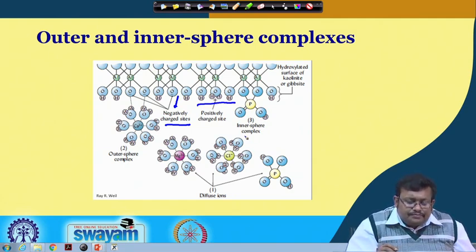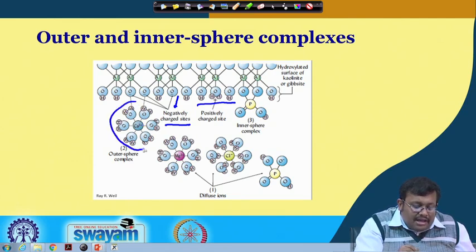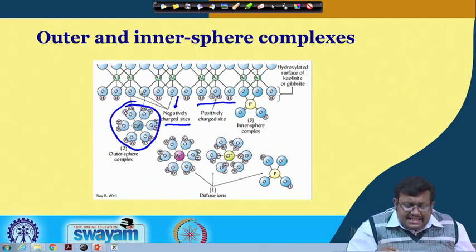The negatively charged sites attract different cations, and this is an outer sphere complex, a calcium ion surrounded by water molecules getting attached here. Also, this is an example of inner sphere complex, where this H2PO4 is getting attached directly to the clay.